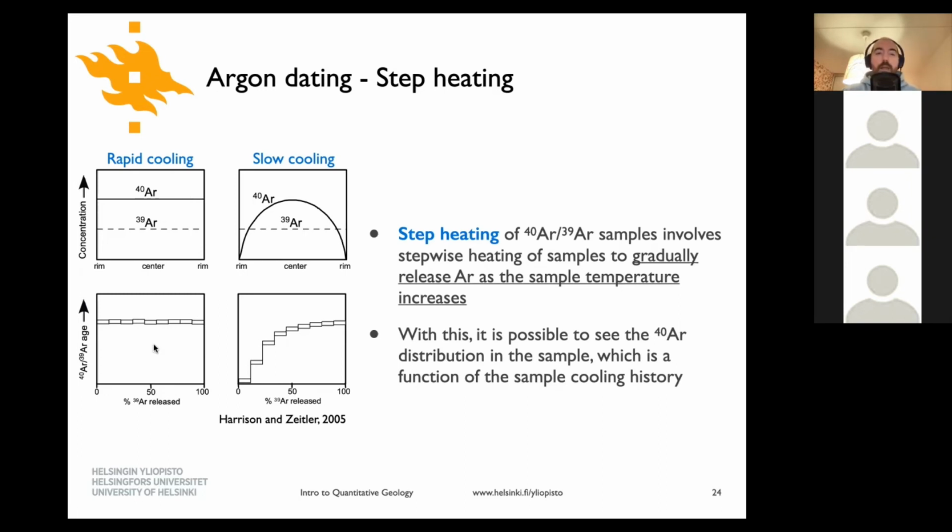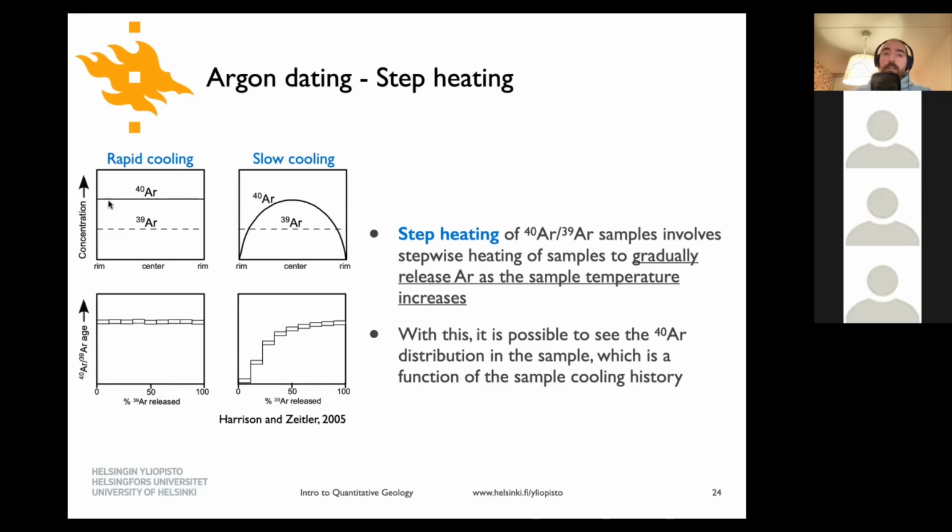And what this means is that as you do this step heating, where you gradually increase the temperature and see how much argon is released, you'll see that the amount of argon being released is pretty much constant as the temperature is increased. And the reason for that is that if you start out with lower temperatures, you're only going to release argon from the edges of the crystal. So here we have one rim on the left side and one rim on the right side, and this is our concentration of argon that's constant across the crystal.